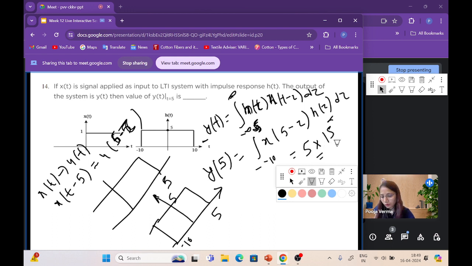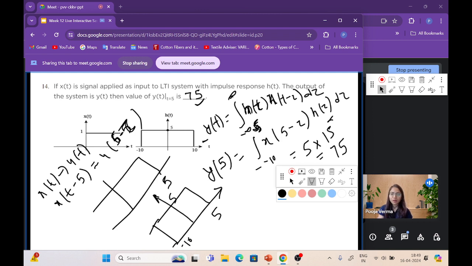So what will we get? 75. So at t equal to 5, the answer is 75. Then the output of the system at t equal to 5 will be 75 only. I hope you have understood this question.